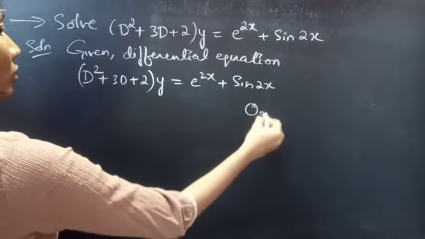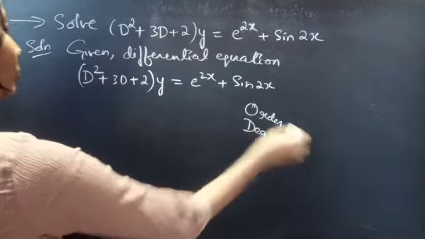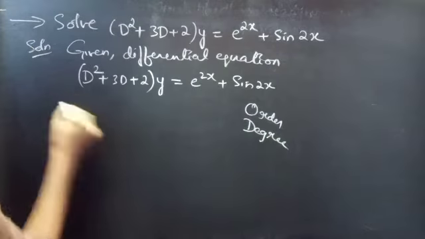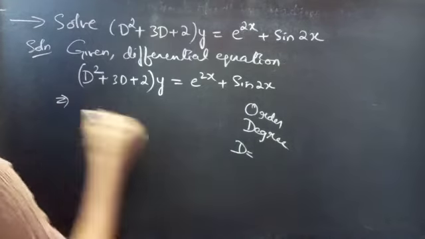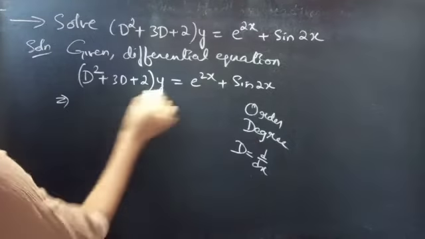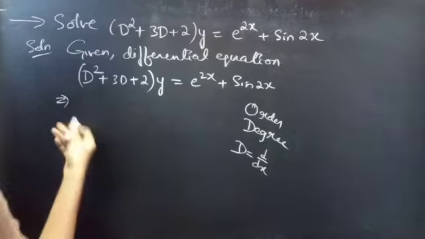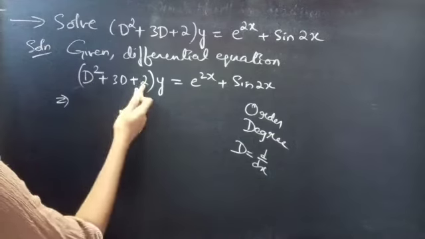Firstly, let's find the order and degree of the given equation. We can write the equation as, we know that the differential operator D equals d by dx. Then you can write the LHS part of the equation by multiplying all these three terms with y.